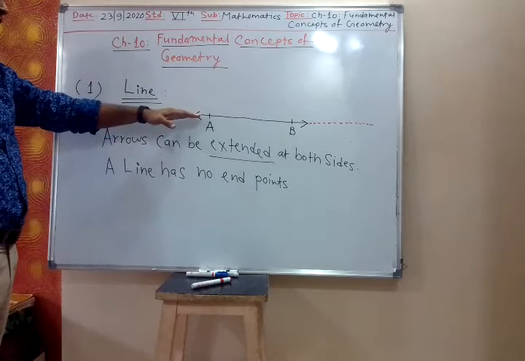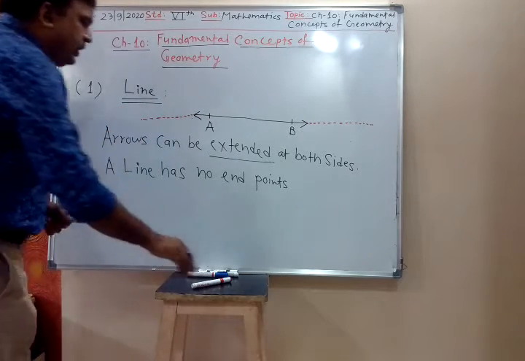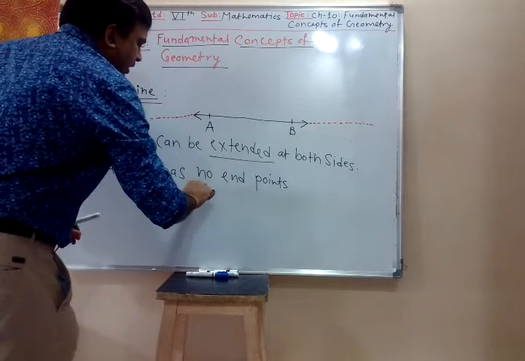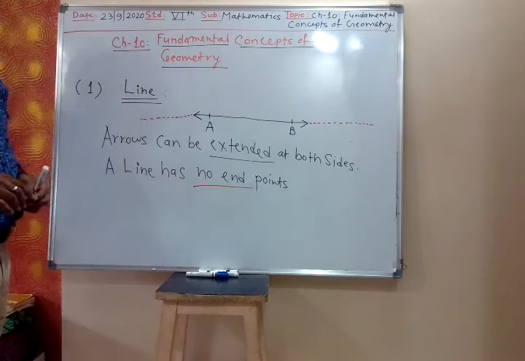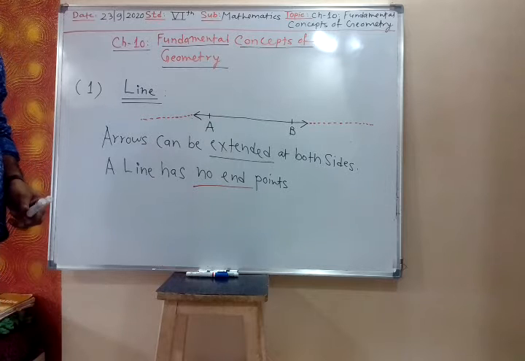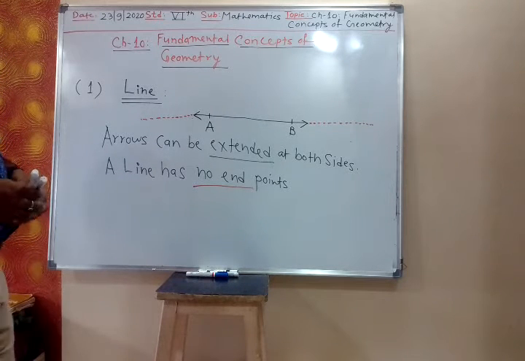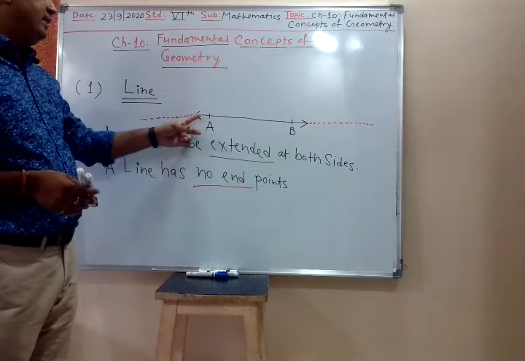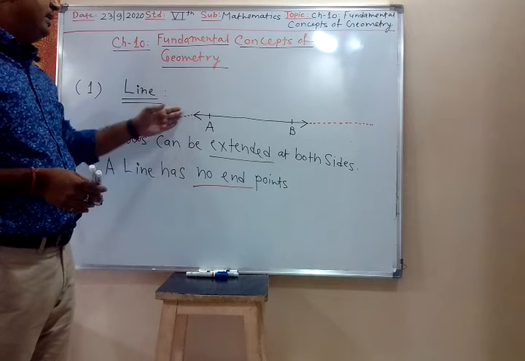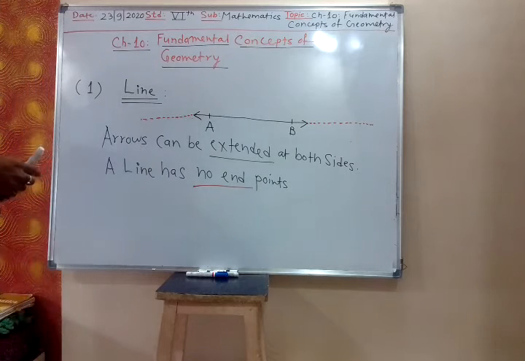Whenever we can extend the line from both the ends, it means a line has no end points. Whenever an arrow is there, it can be extended, and if it can be extended, there is no end point.